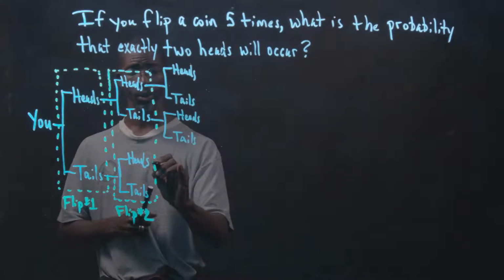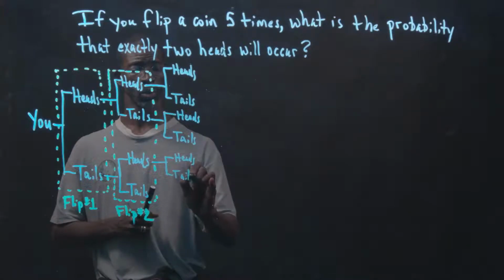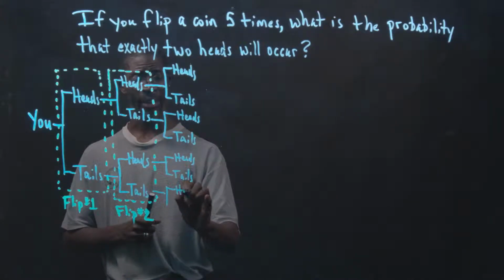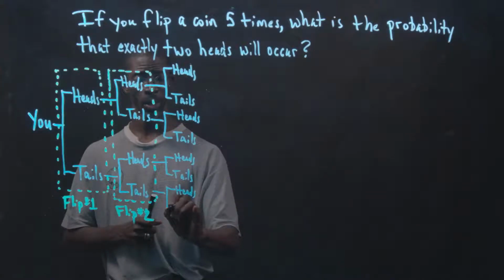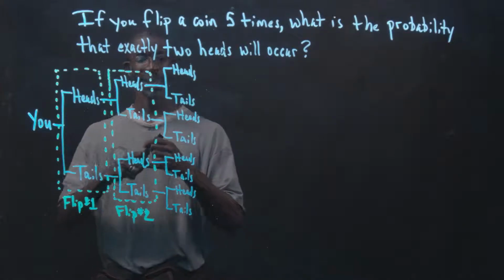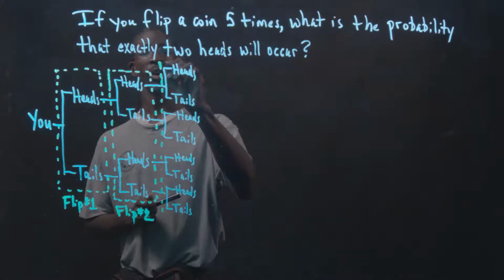In like manner, heads or tails. And finally, for this option, it could be either heads or it could be tails. This is flip number 3.